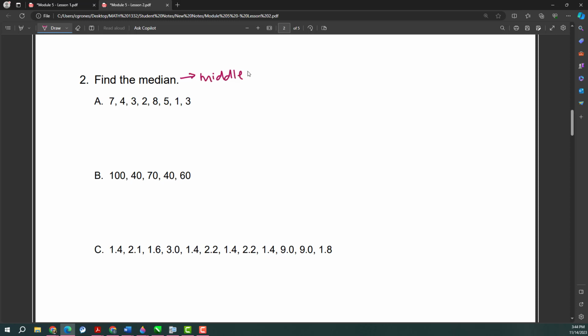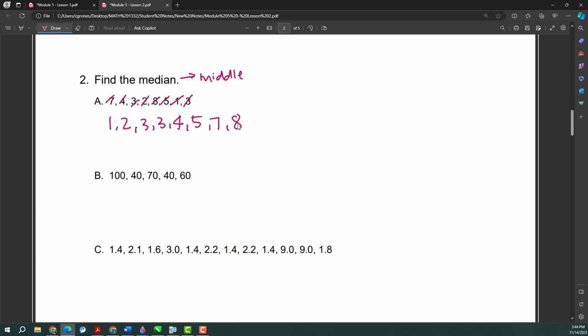All right, second one is the median, which is the middle number. So remember, if it's an odd number of items, it's going to be that middle number. If it is an even number, then we have to find the mean of the 2 middle numbers. So you're going to have to list these out in order. So 1, 2, we've got 2 3s, we've got 4, 5, and then 7, 8.